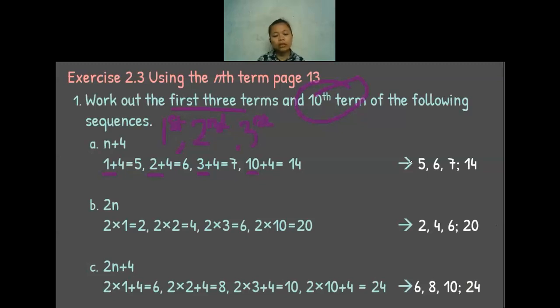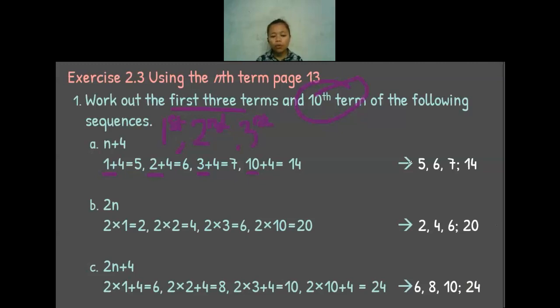For question C, we have the nth term, which is equal to 2n plus 4. So it means 2 times n plus 4. We have to finish the multiplication before the addition. So when I have 2 times 1 plus 4, I have to do 2 times 1 first, which is equal to 2.